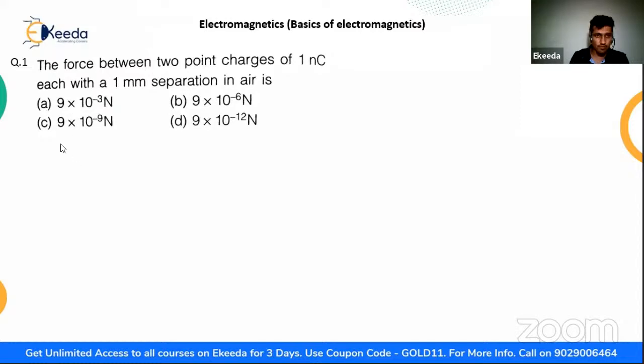So using Coulomb's law, you can simply write force is equal to K Q1 Q2 upon R square, R cap, this is the force vector.